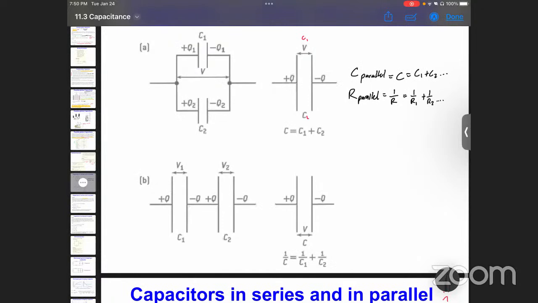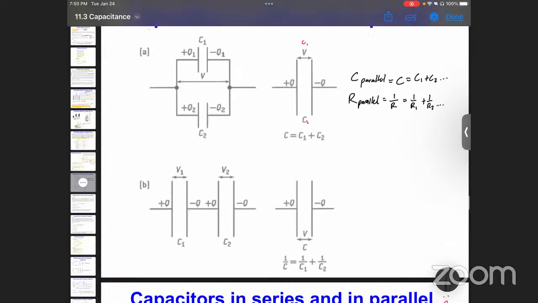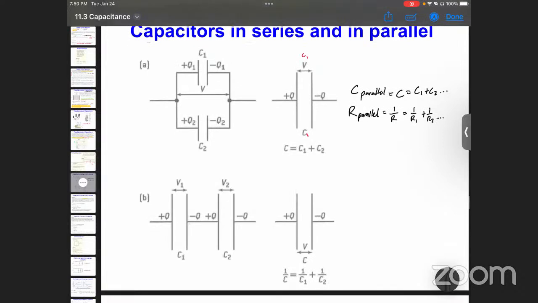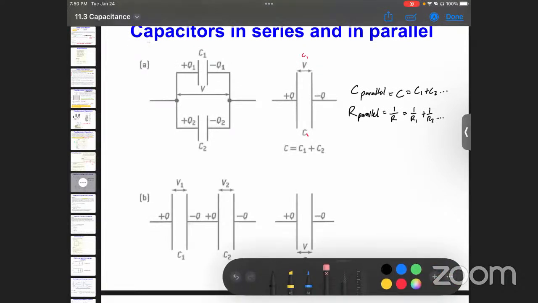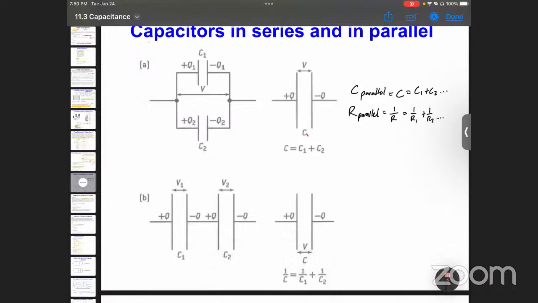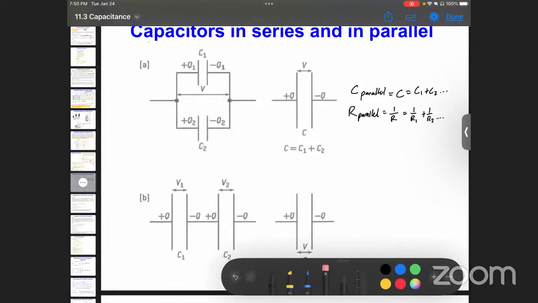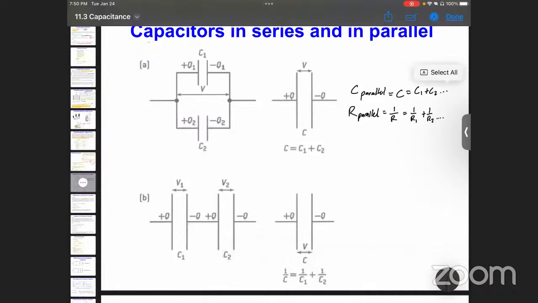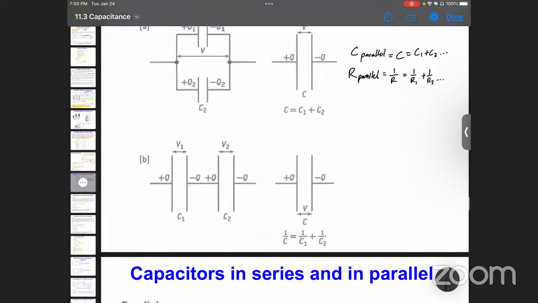C series. C series kind of funny. This funny thing is exactly like how R parallel works, right? It's like the exact form.